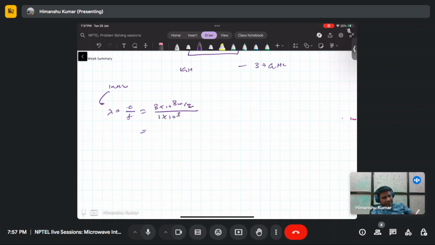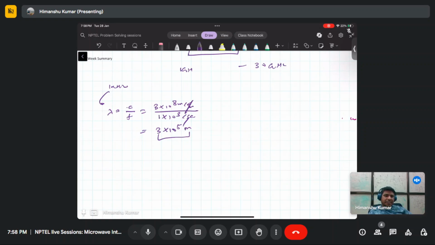The second units cancel, so this will come as 3 into 10 power 5 meter. This is the wavelength of your propagating wave.